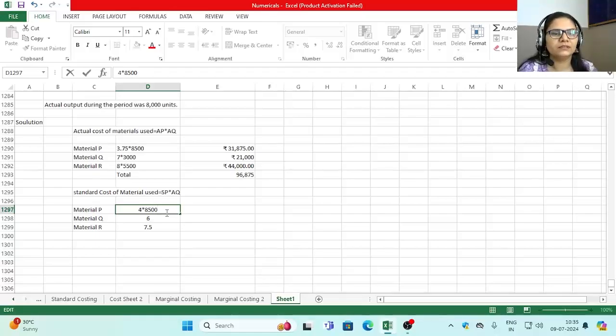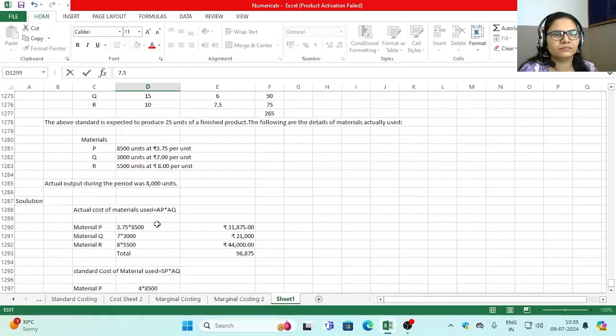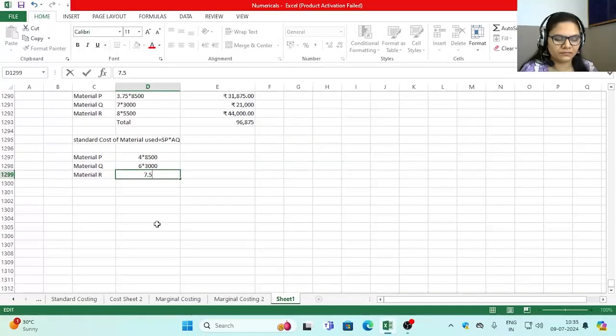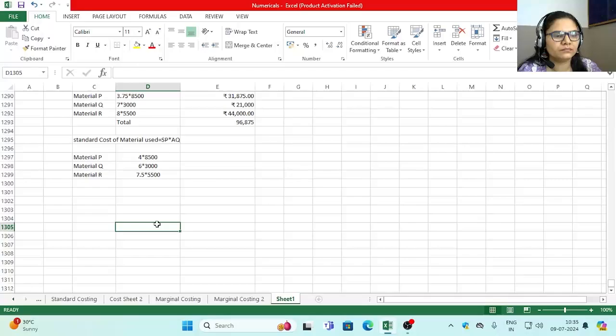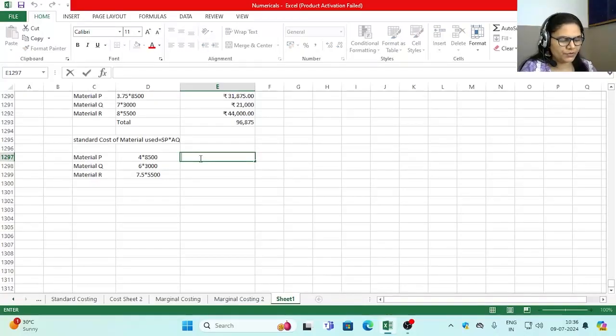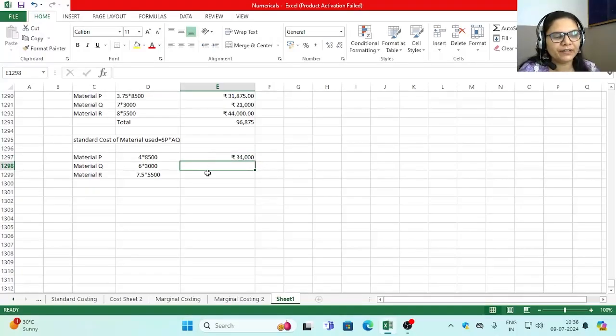8,500, next is 3,000, next is 5,500. After multiplication, it will come out to be 34,000 for material P. For material Q, it will be rupees 18,000.